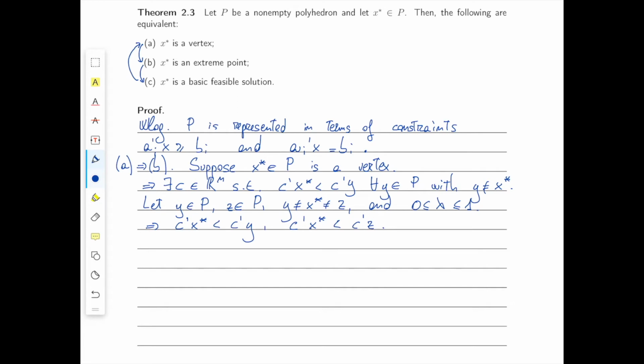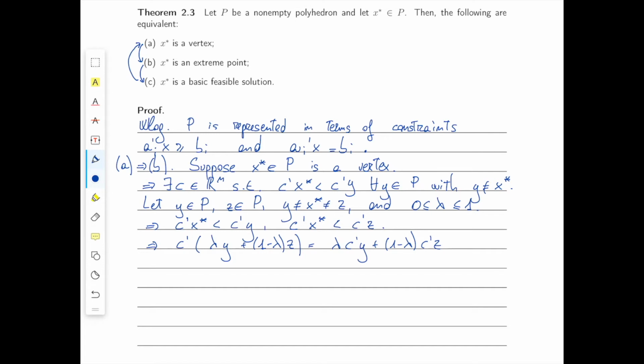How can we do that? Well, the idea is to look at the cost of all the vectors in the segment between y and z. So this is c transpose times lambda y plus 1 minus lambda z. We can just expand and obtain lambda c transpose y plus 1 minus lambda c transpose z.